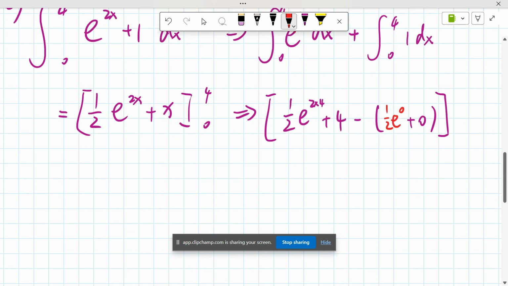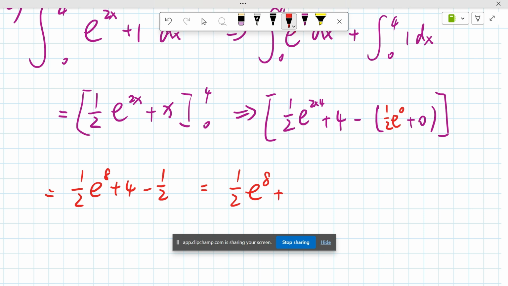Yep, perfect. Then that equals half e to the 8 plus 4 minus half, and then that equals half e to the 8 plus 7 over 2. Yep, that's the answer.